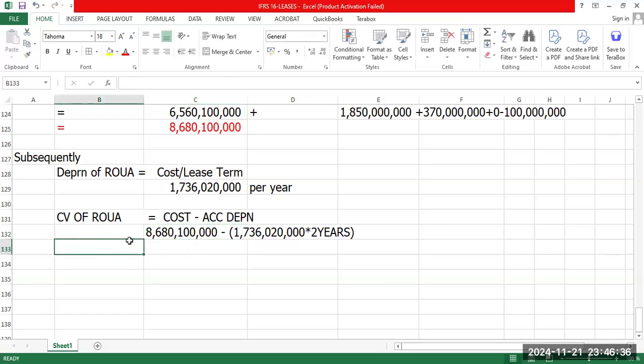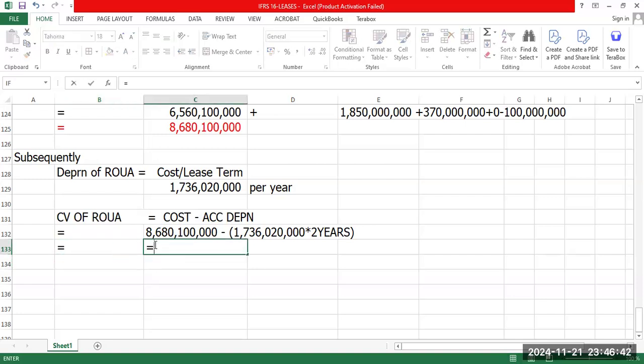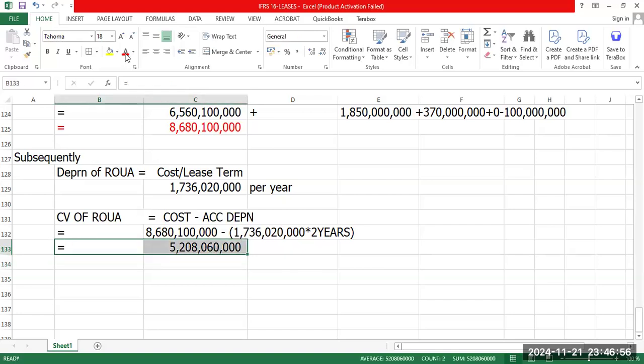Okay. So this will be equal to, I get my right of use asset minus open bracket, the depreciation times 2. That's what I have as my carrying value. You will need to report that.